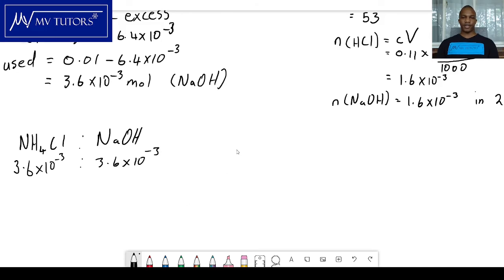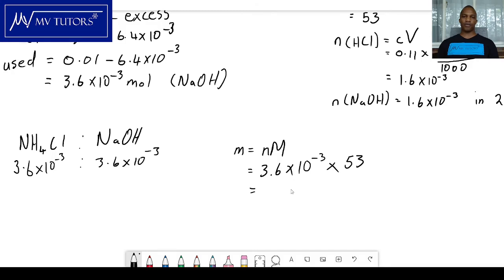Remember, we said the mass is equal to the number of moles times the molar mass. So number of moles, we have it as 3.6 times 10 to the power minus 3 times the molar mass, we found it to be 53.